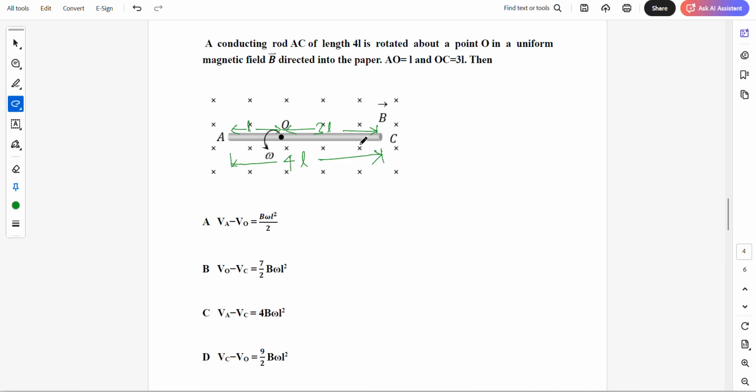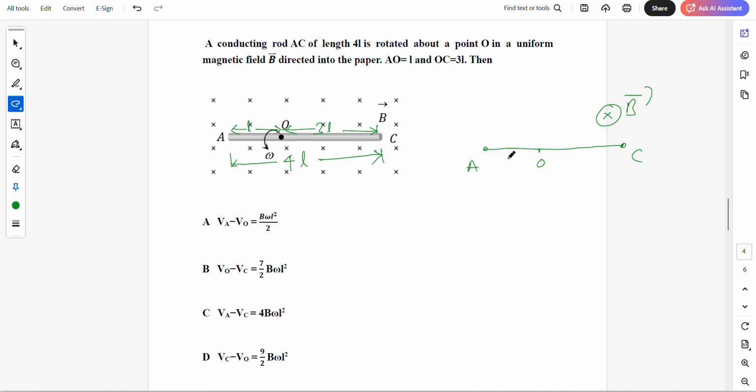Now just see here. This is C, this is A, this is O, and the magnetic field is inside.